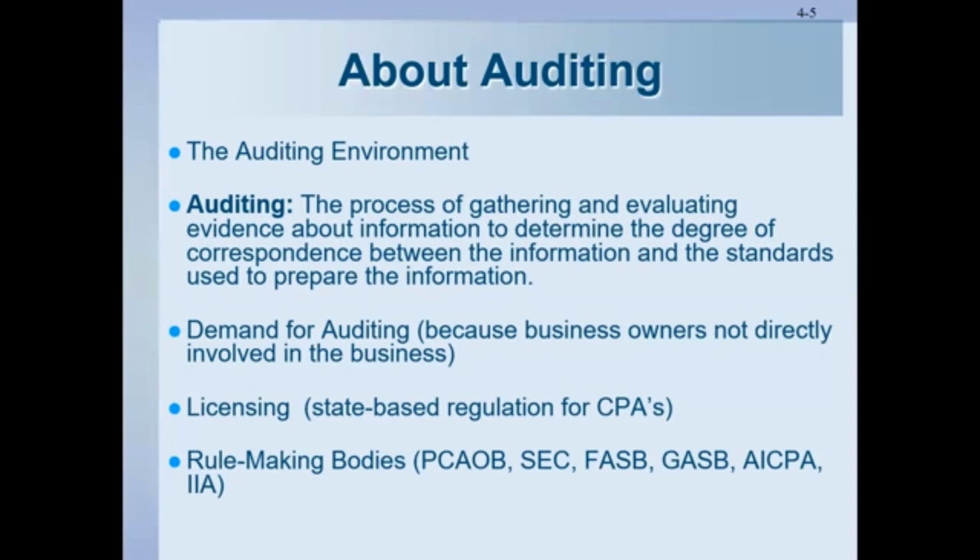So about 136,400 openings for accountants and auditors are projected each year on average over the decade, according to the Bureau of Labor Statistics. Now, many of those openings are expected to result from the need to replace workers who transfer to different occupations or maybe exit the labor force, such as through retirement.